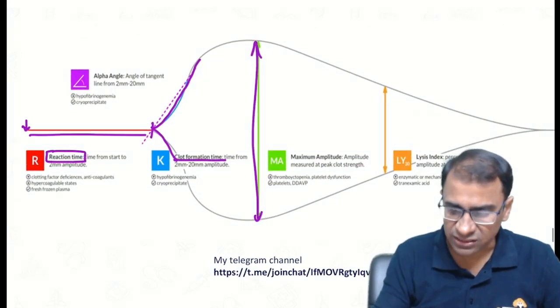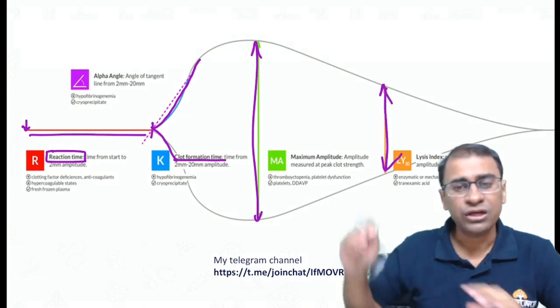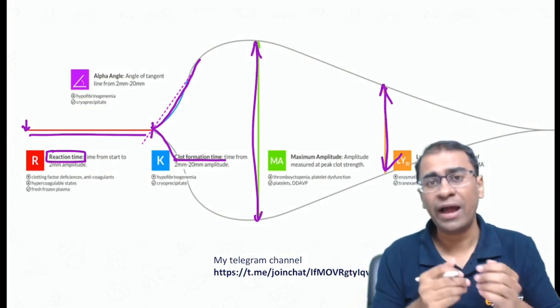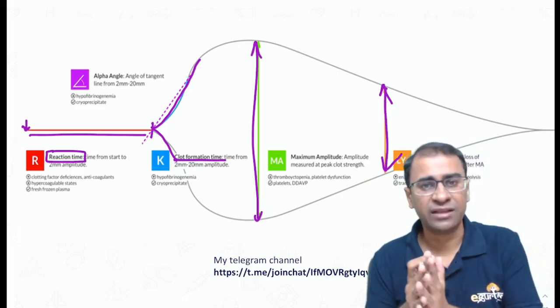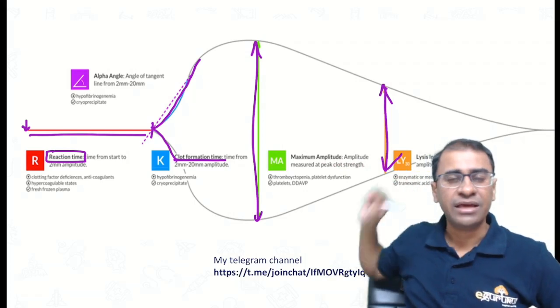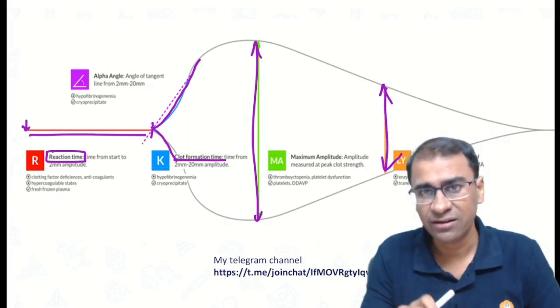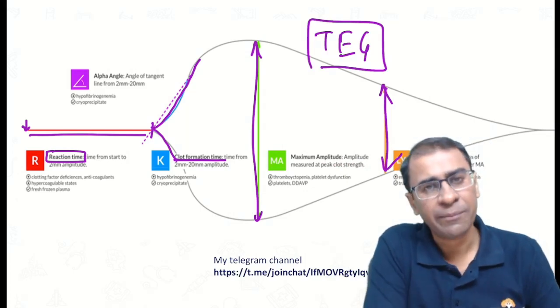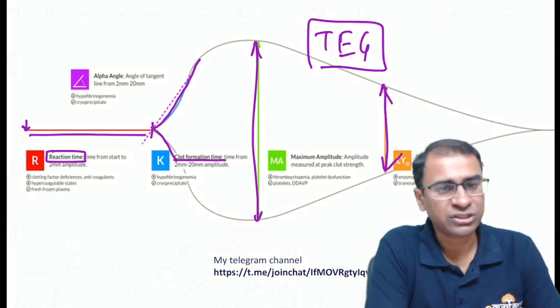And then it starts lysing the entire clot. So lysis is seen, and it looks at how active the lytic pathways are in the patient. So the entire clotting process is seen by this machine called TEG, thromboelastography. It's a new thing, but once the question has come, you must know about this.